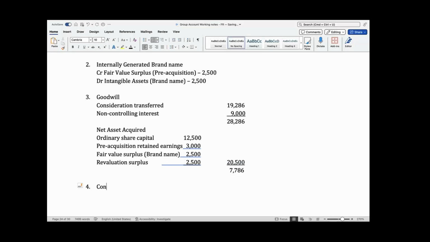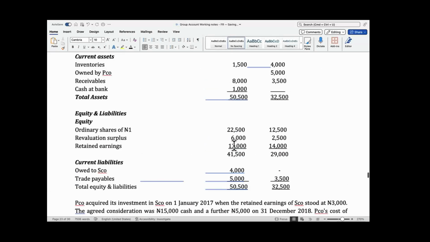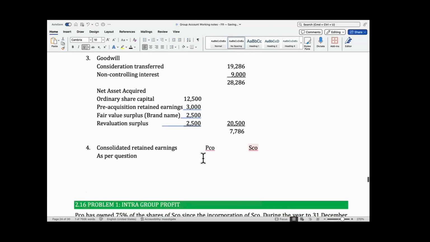Then the consolidated retained earnings. As per the question, what was the retained earnings of the parent? 13,000. Subsidiary was 14,000.